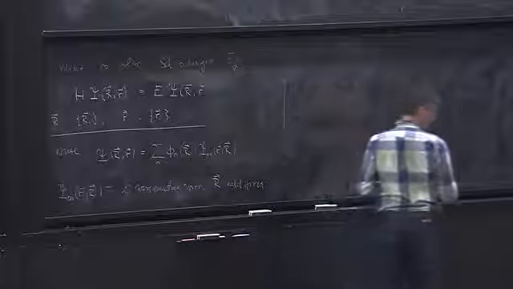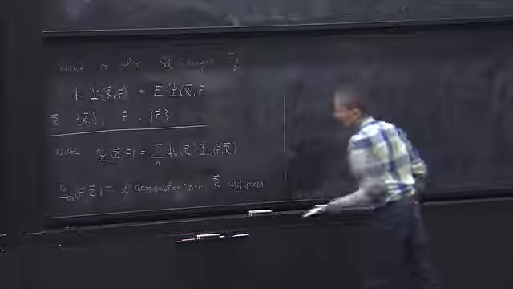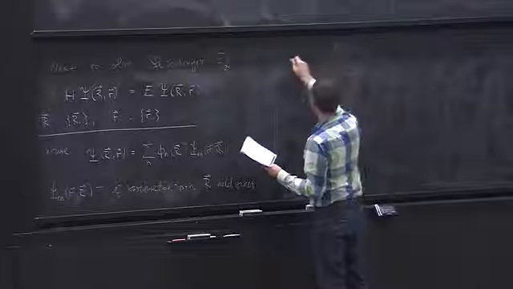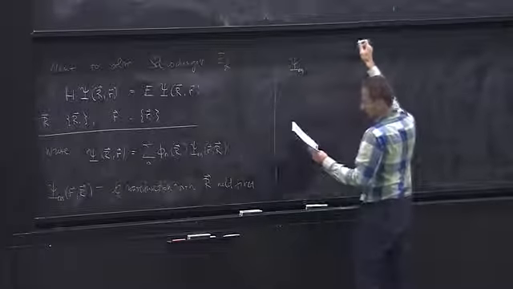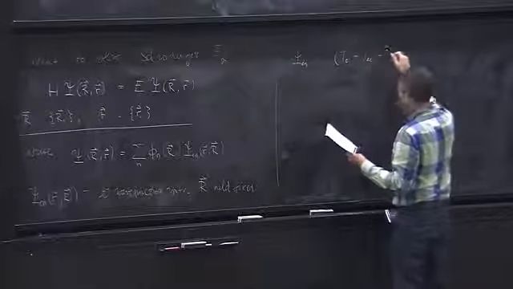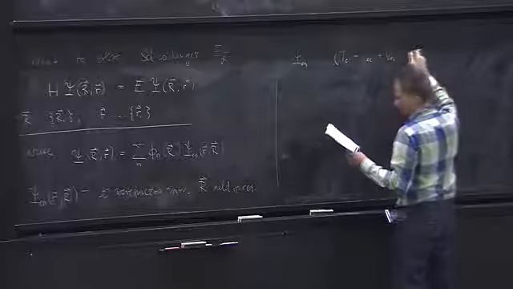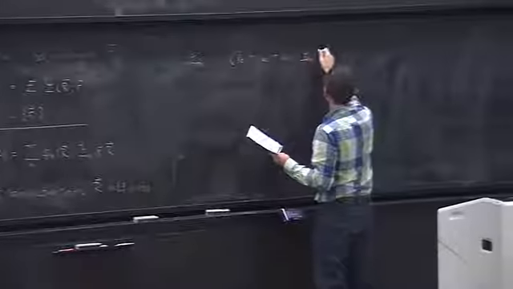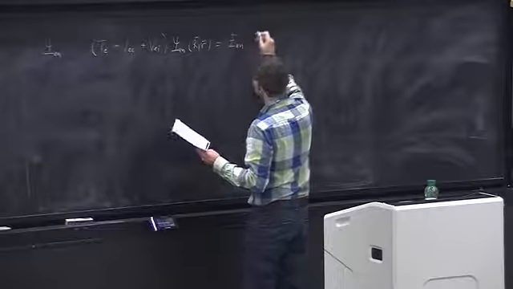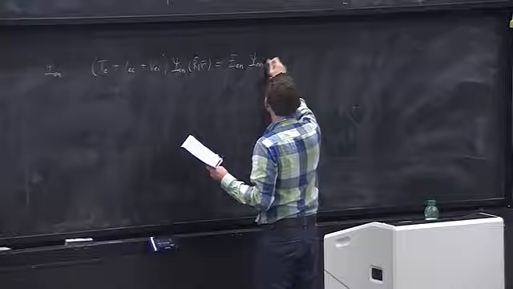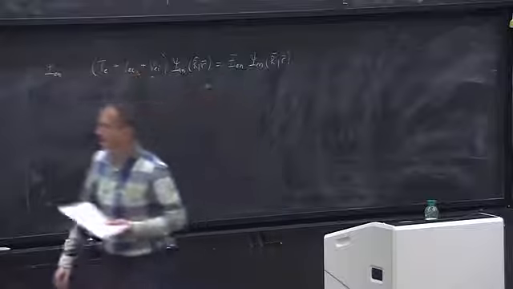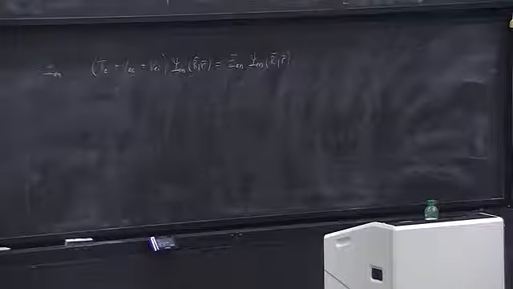In other words, this psi with subscript e is an eigenstate of the following Hamiltonian, where T_e, V_ee, and V_ei are these guys here.